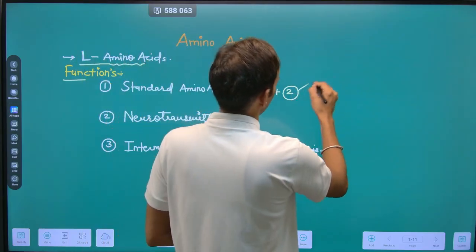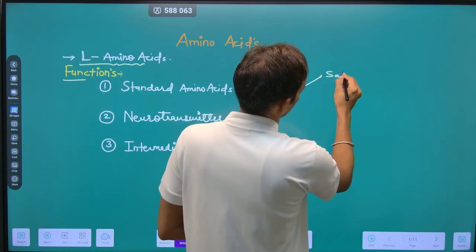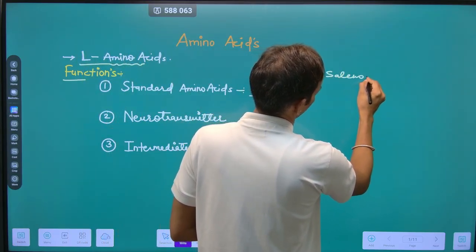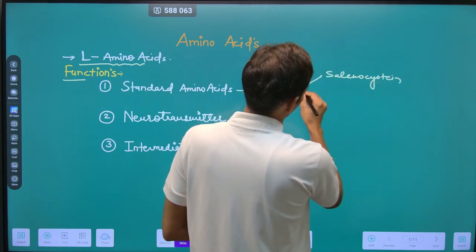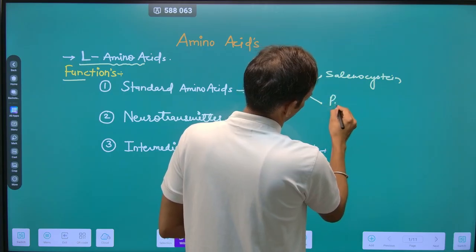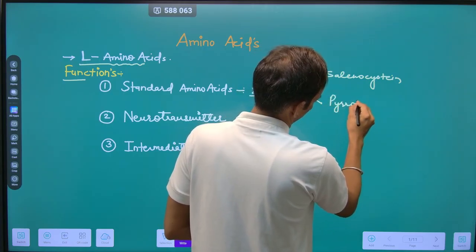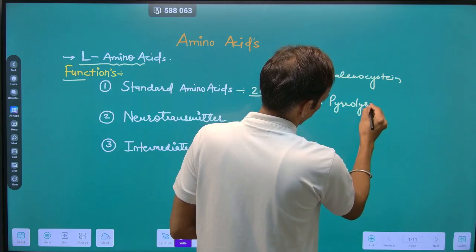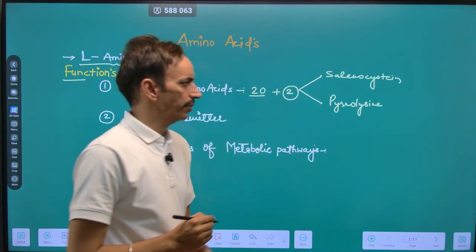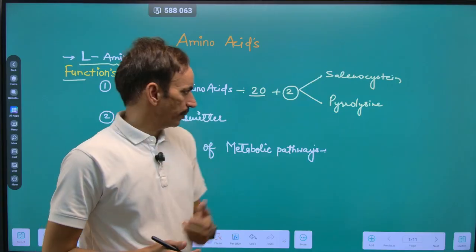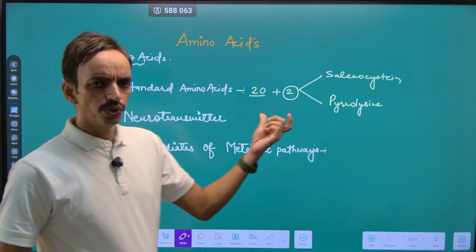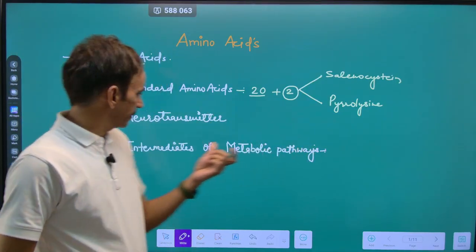These include selenocysteine and pyrrolysine. Selenocysteine is found in both prokaryotes and eukaryotes, while pyrrolysine is found only in prokaryotes. So there are 20 plus 2, 22 standard amino acids.